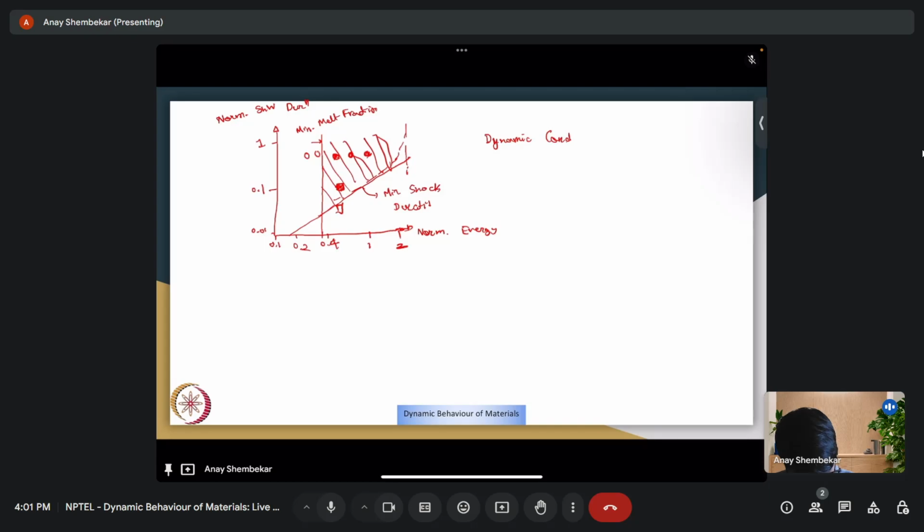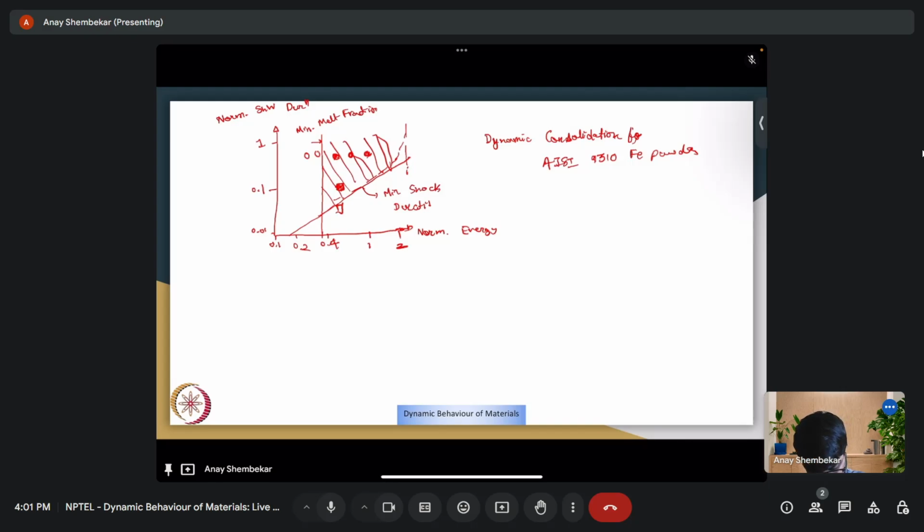So this is the dynamic consolidation for AISI 9310 iron powder. Okay, so this is how it looks like.